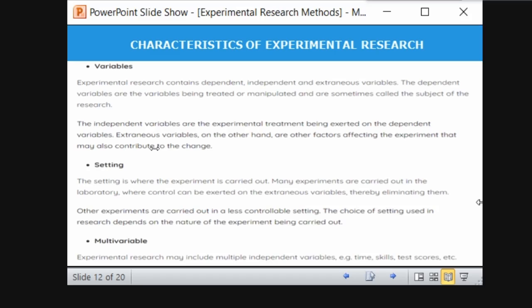So in the plant example, one plant is kept in sunlight and one is kept at home, right? You are thinking that sunlight will come. What happens? Suddenly the next day a heavy rain and flood comes. We cannot predict the weather, right? So automatically the plant dies. You cannot say water killed the plant, right? So these kinds of variables are called extraneous variables, in other words, lurking variables.